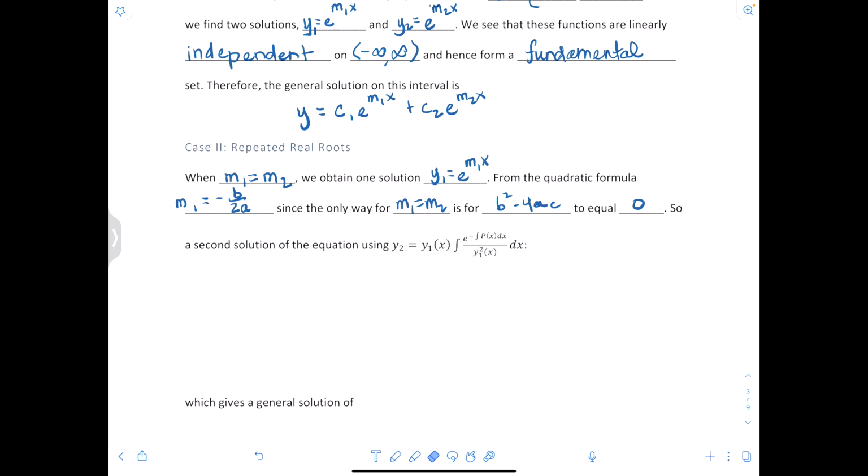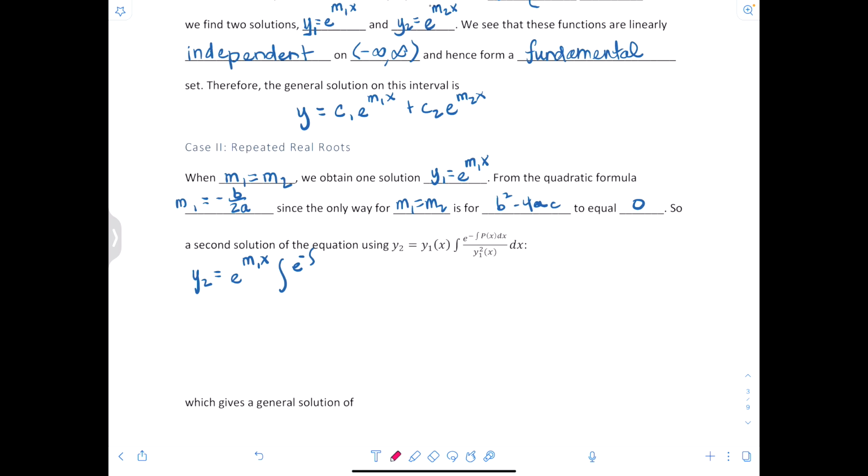So y2 is going to equal e raised to the m1 at x, so I'm plugging in e raised to the m1 at x for y1 at x, okay? Now, times the integral of e to the negative integral. So what is my p of x?